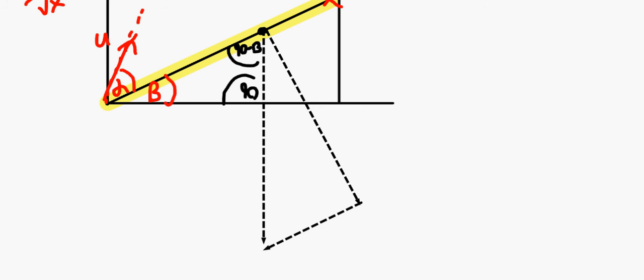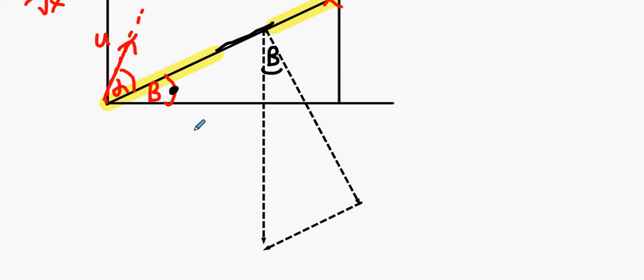And then finally, these two purple angles have to add up to 90 as well, and that will make this angle B, because B plus 90 take away B is 90 degrees. Or in short, you can always say that this angle B is always the same as the angle of the wedge you're throwing up.